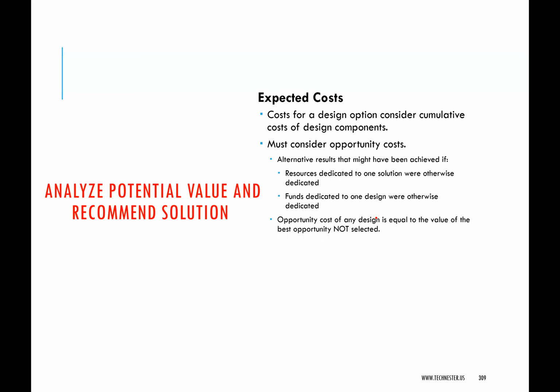So expected cost may also include the cumulative cost of design components. So not just the cost of maybe the system you are looking at or the cost of some components, but everything involved. What will it cost? Are there other things that will be required after you get that solution? So you have to consider their cost again, and you consider the cost for each solution option.